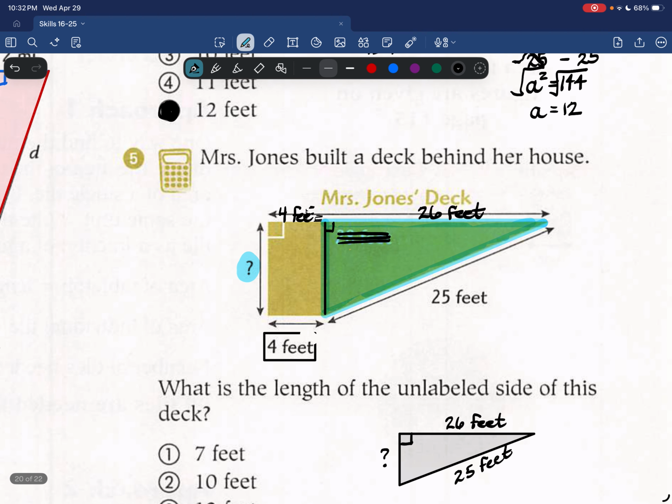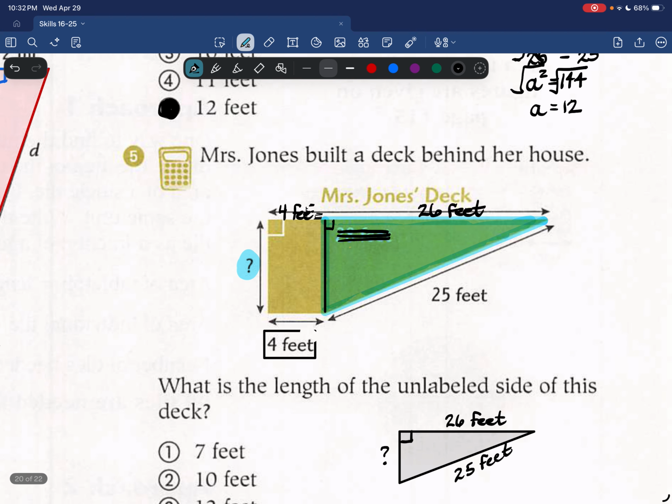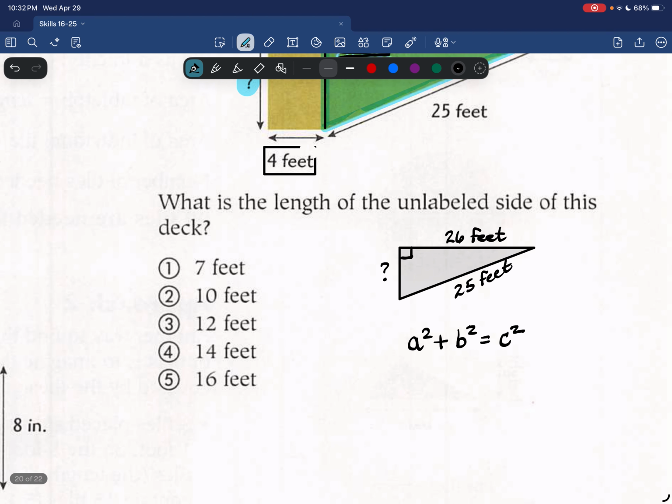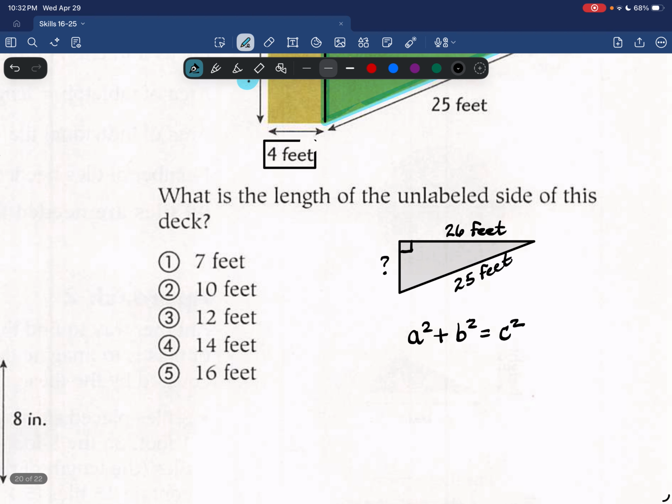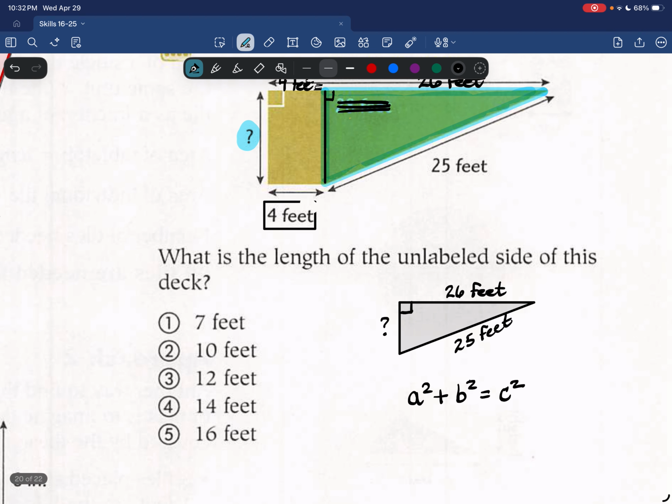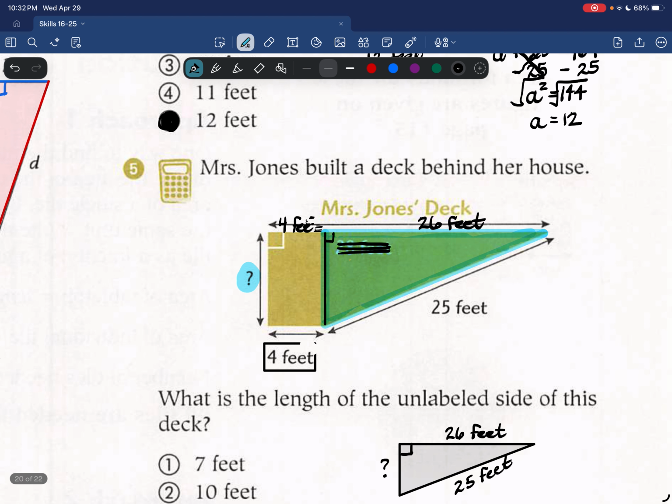And this cannot be right. What did I do? Here's what I've messed up, because hypotenuse has to be the longest side. And here's my problem. I can't do math in my head. 28 minus 4 is not 26. And I bet you already knew that. This is 24.